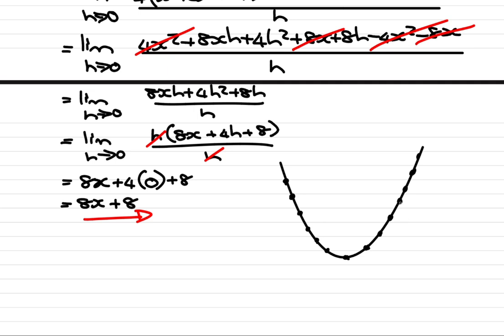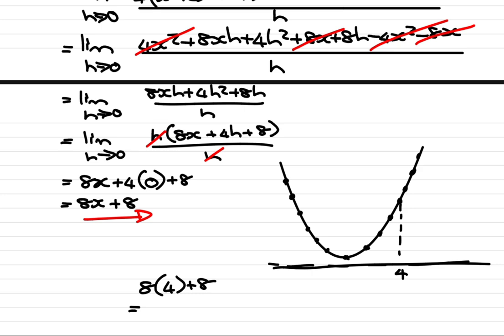If I know what this x value is, and I can probably read it off the graph, let's just say x is 4. If I sub my x with a 4, I will get the actual gradient of that tangent at that point. So in this case it would be 40. So my gradient would be 40 at that point.